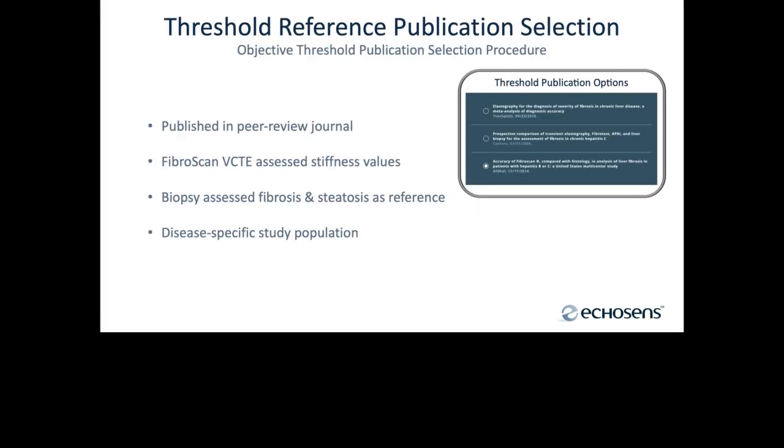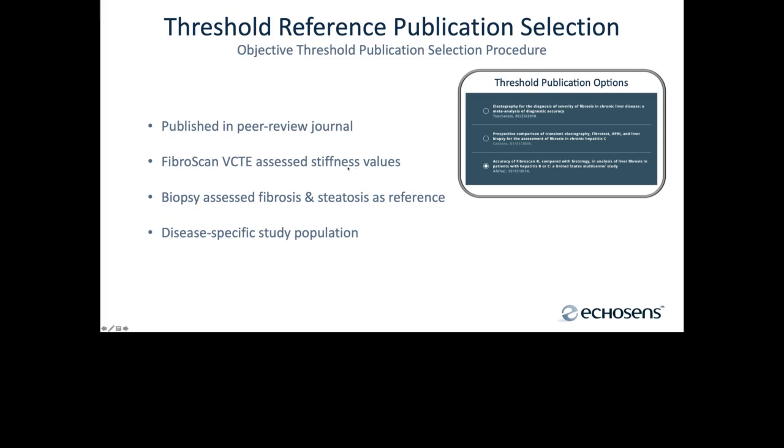So let's take a look at what publications are posted within the MyFibroScan app. This is a very objective process to select what is available for you. So the requirements within Echosens are that the publication has to be peer reviewed. It has to use FibroScan VCTE as an assessment of liver stiffness.